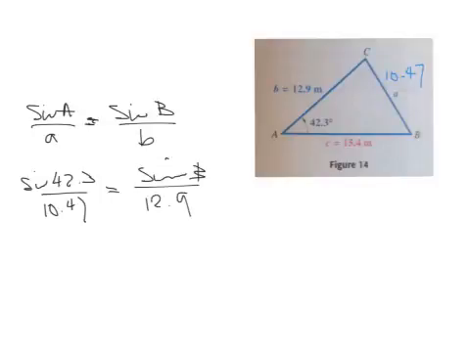So you do your cross multiplication, and you end up with B being 56-ish degrees there. And then it's obvious what the last one's going to be, 180 minus 56 minus 42.3. So no work there. So we found our A, found our B, and we'll know our C then. So that's really all we need to do for that one. Let's go on to example 3.